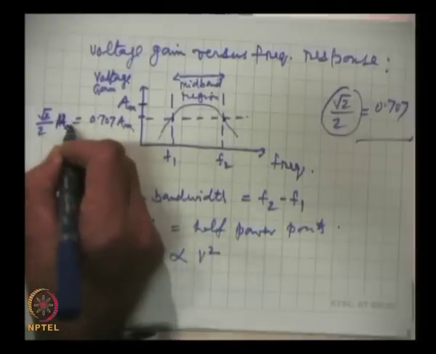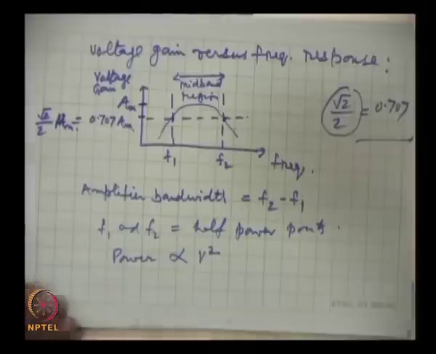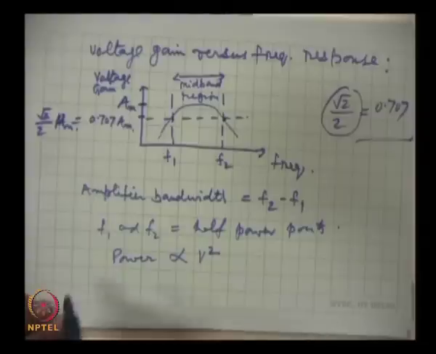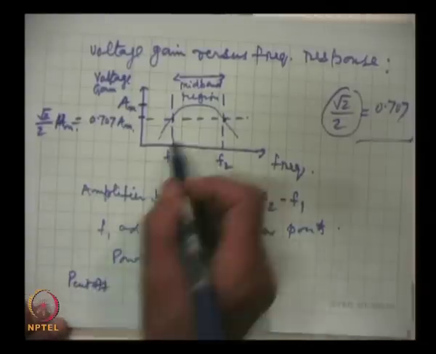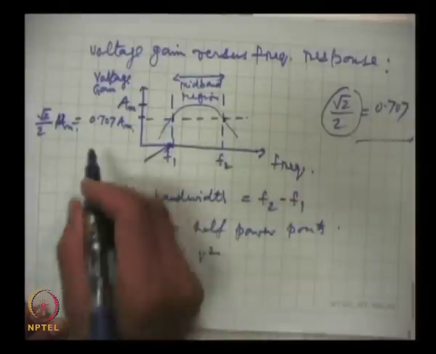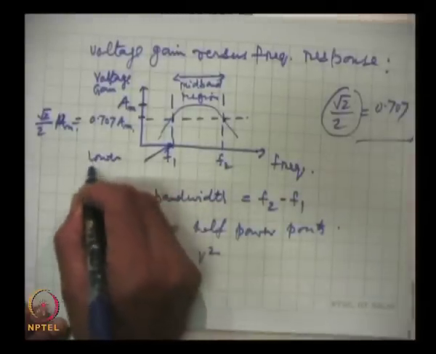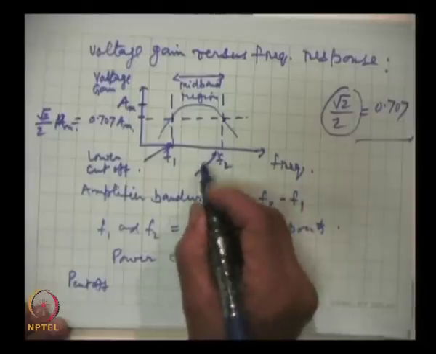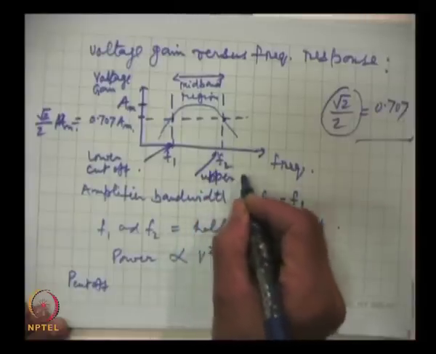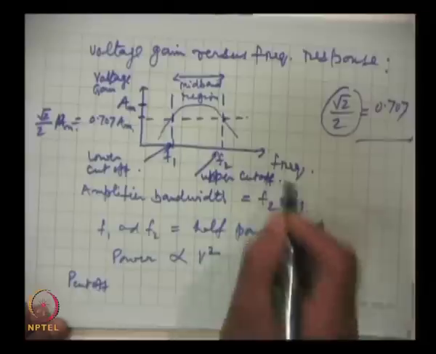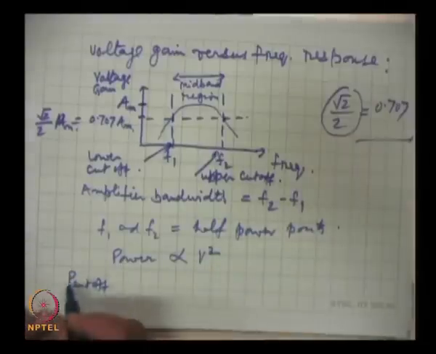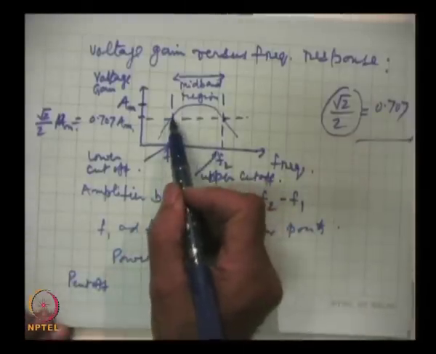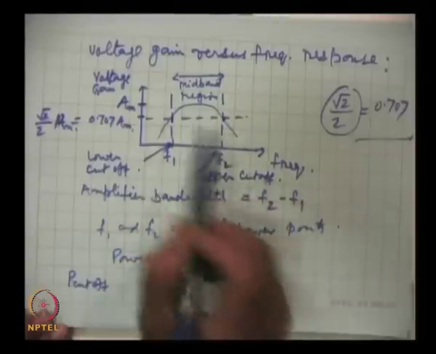Here it is AM anyway. Now, powers are proportional to the square of the voltages, therefore, power at cutoff, here this is the lower cutoff, this is the upper cutoff. So, power at cutoff, whether it is the lower cutoff or the higher cutoff, is the same.